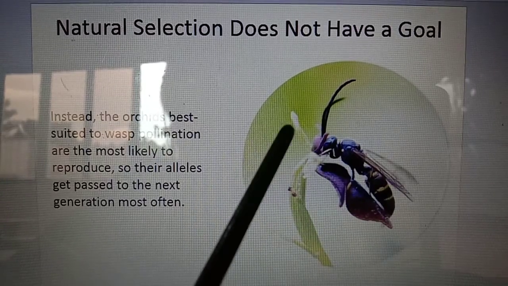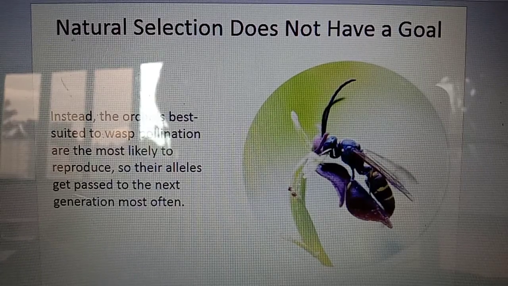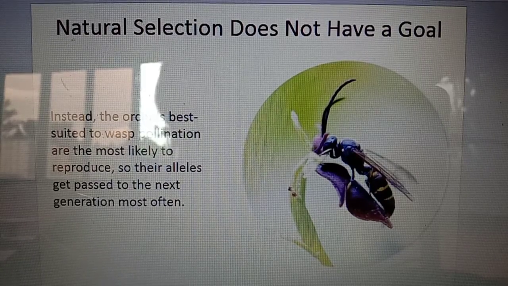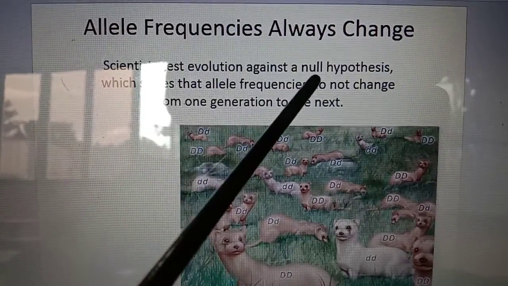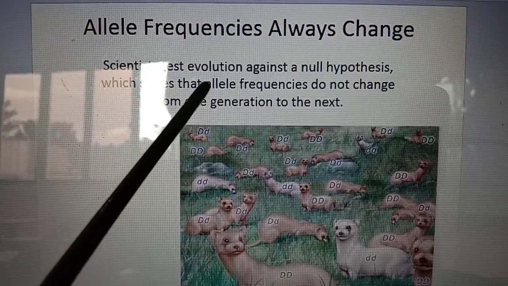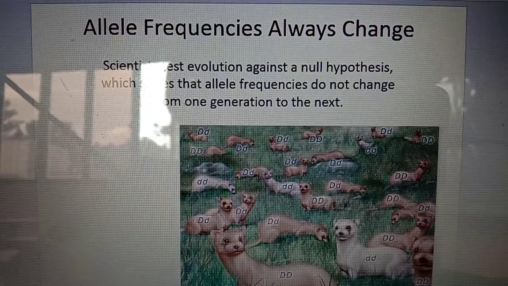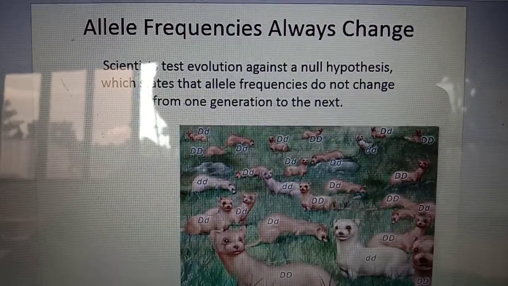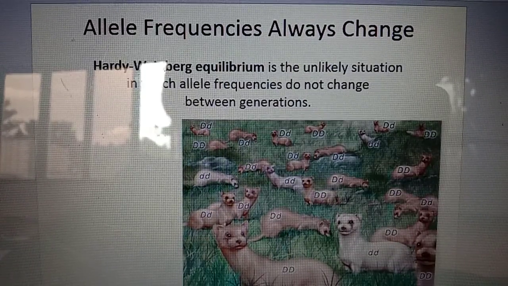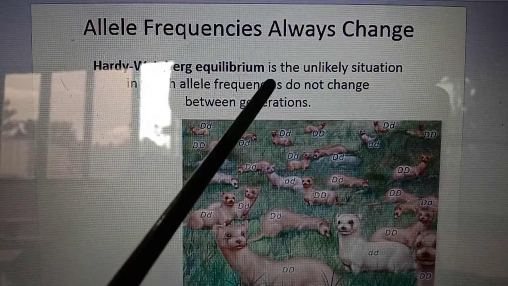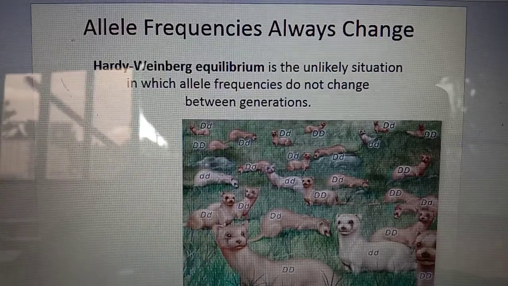So, let's go to how allele frequencies change. Scientists test evolution against a null hypothesis, which states that allele frequencies do not change from one generation to the next. Hardy-Weinberg equilibrium is the unlikely situation in which allele frequencies do not change between generations.